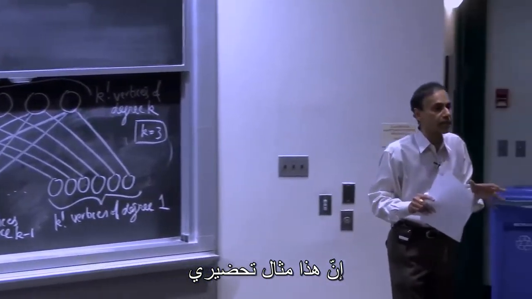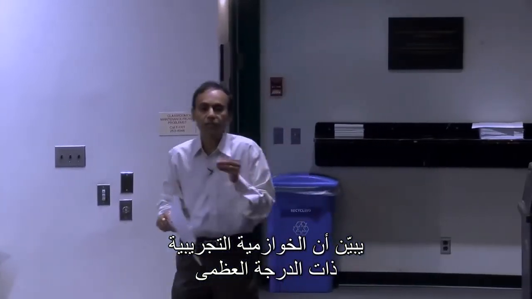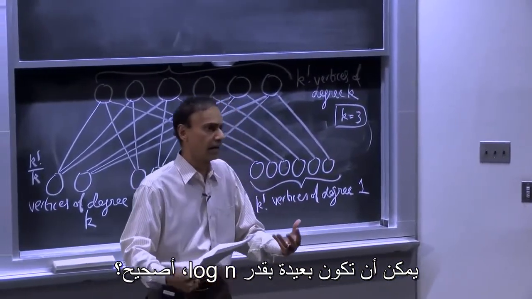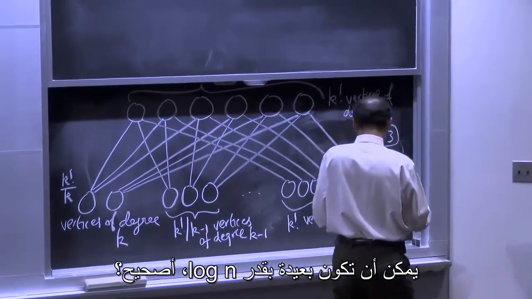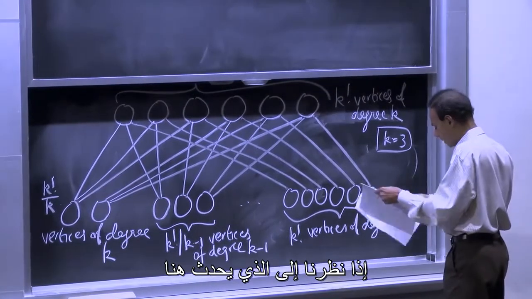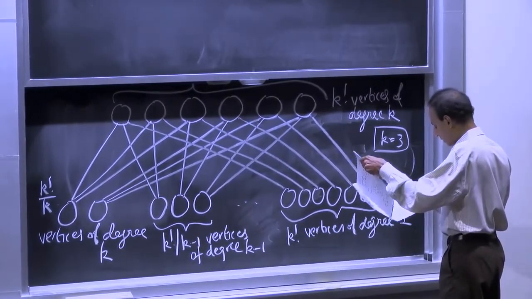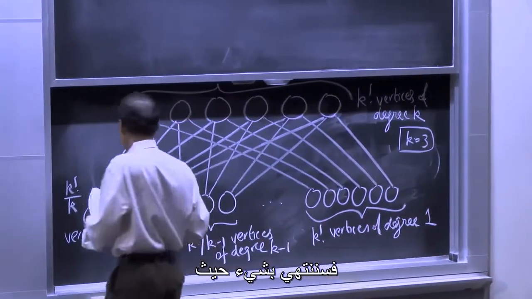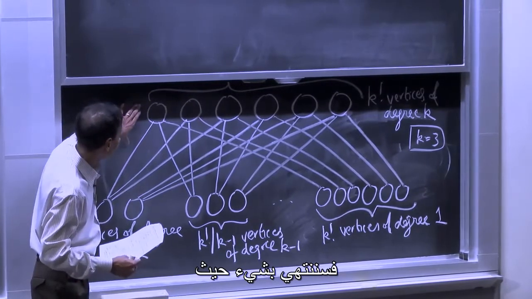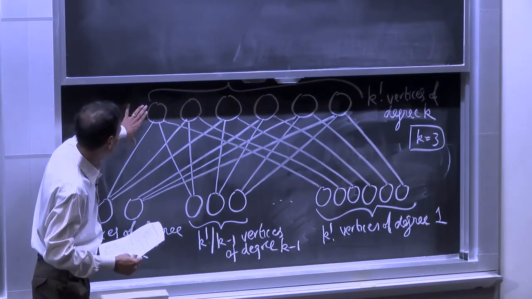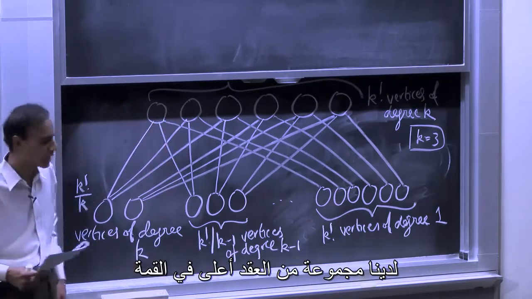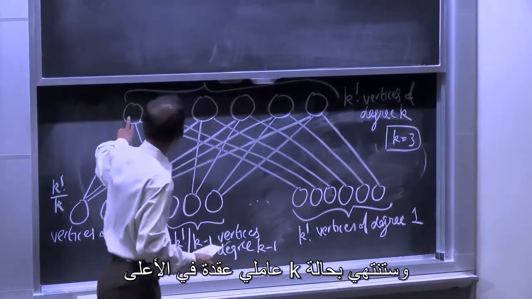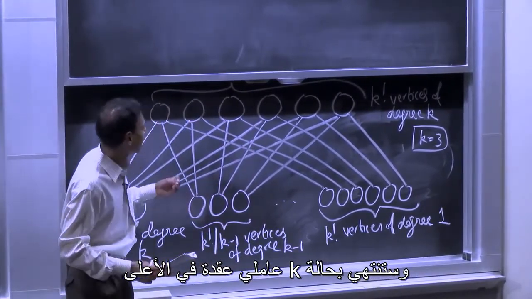Well, this is a concocted example that shows you that a maximum degree heuristic could be as far off as log n, right? And so if you look at what's going on here, you end up with something where you have a bunch of vertices up on top, okay, and you end up with k factorial vertices up on top.